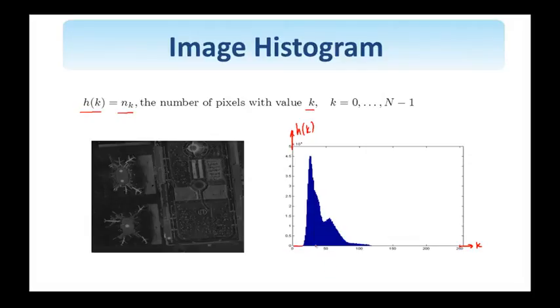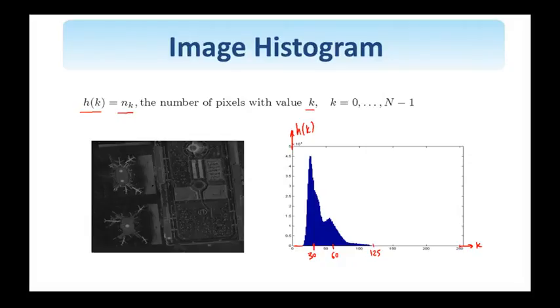Then there is a peak, a lot of intensity values around, let's say, 30. There's another smaller peak here, let's say at 60, and there are no intensity values higher than about this point, let's say 125. And this is no surprise. Looking at the image, it is a dark image, a lot of small values and very few high values.